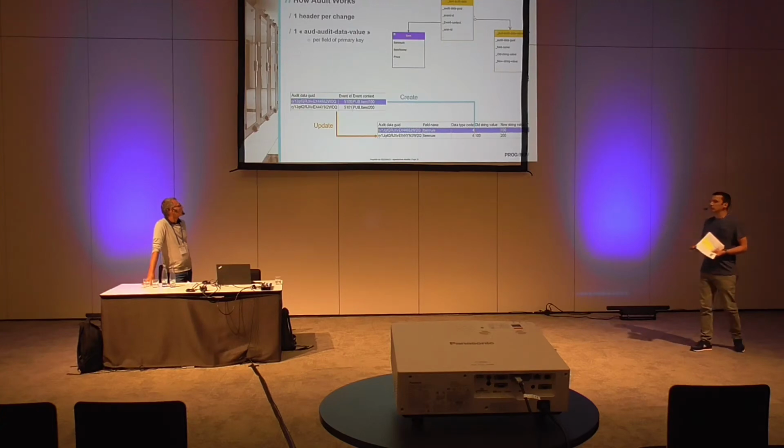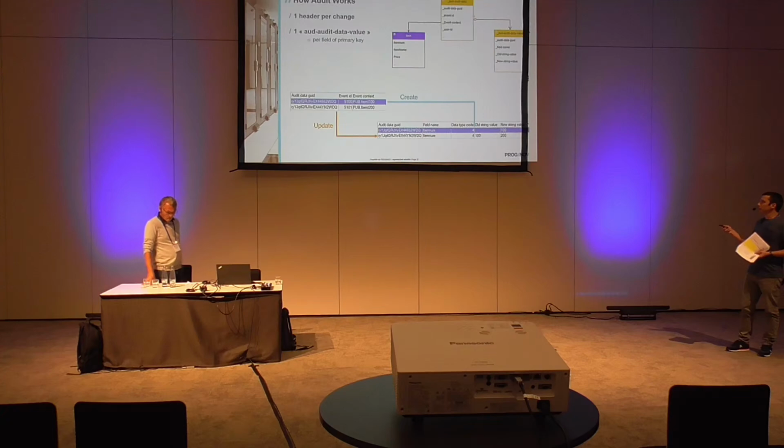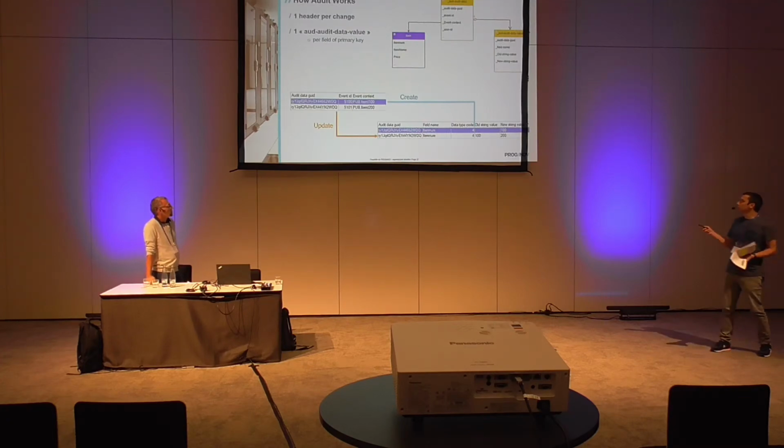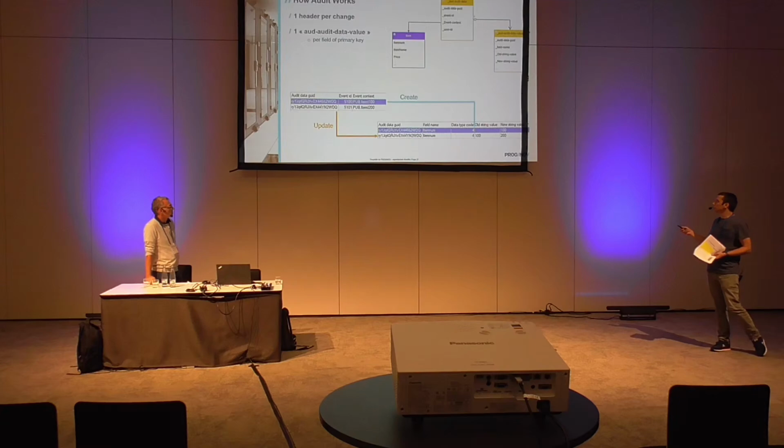And if the identifying fields have changed, we can also query another table called audit data value that will store the old and new value as string, and this will allow us to retrieve the record of item later.